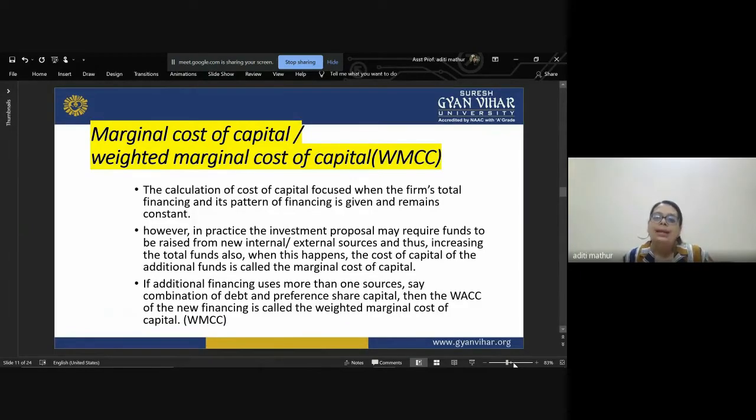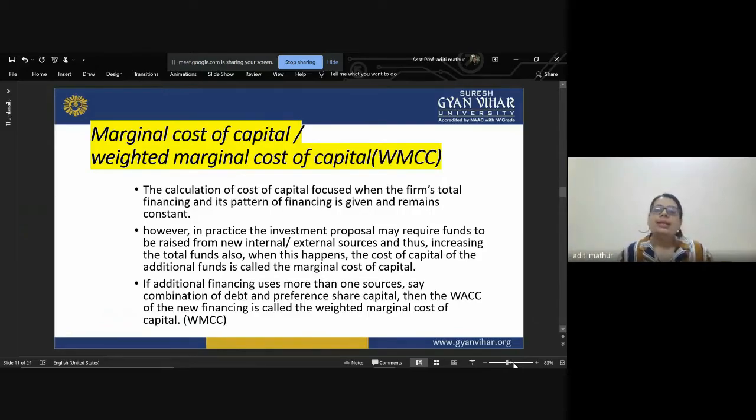However, in practice, the investment proposals may require funds to be raised from new internal or external sources and thus increase the total funds also. When this happens, the cost of capital of the additional fund is known as marginal cost of capital.